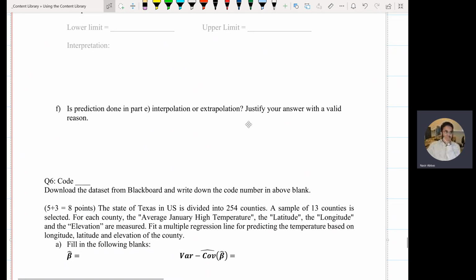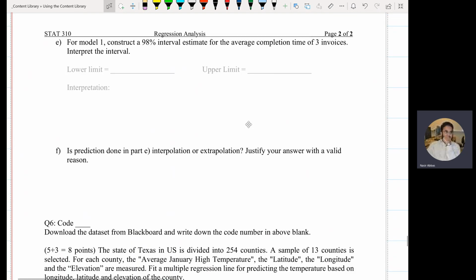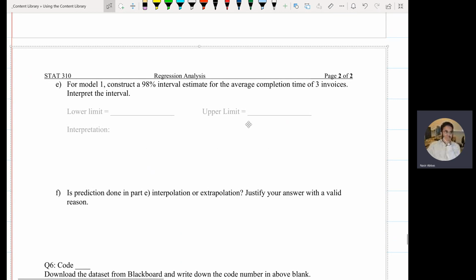Is the prediction done in part E interpolation or extrapolation? How will you know it? You look at 3. If 3 is within the domain of the available X, look at the available data. For multiple regression, we did not do it yet, but for simple, it is simple. You just check the given value of X, which is 3.